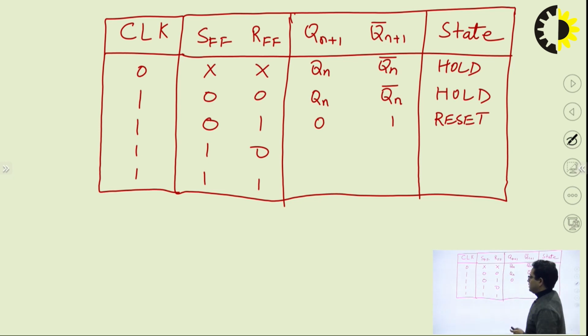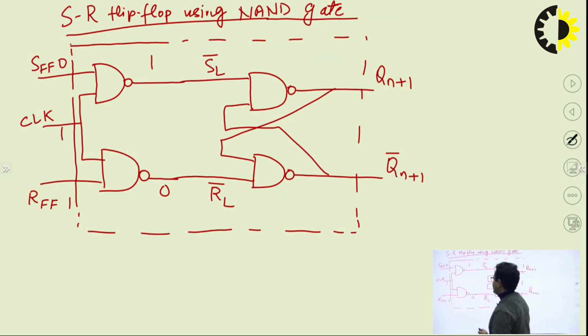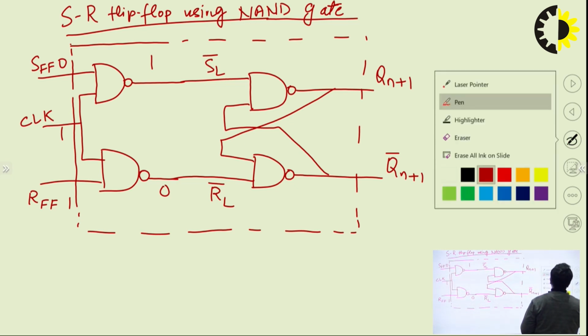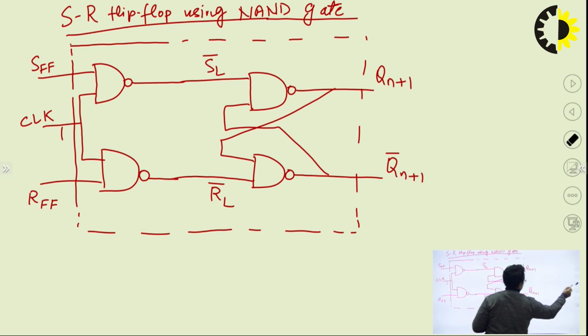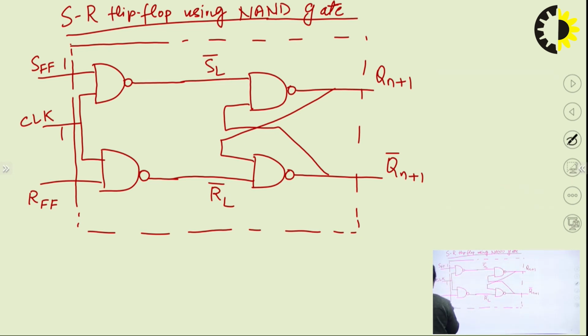Now another possibility: what if we give the S terminal input as 1 and R as 0. For this it will be 1, for this it will be 0.